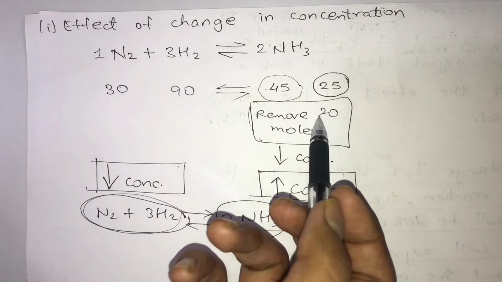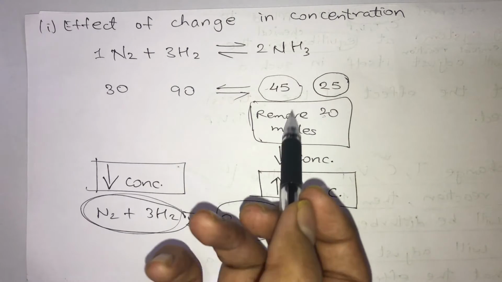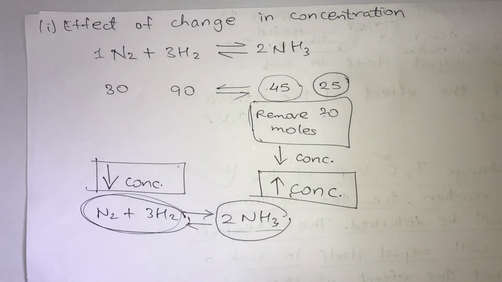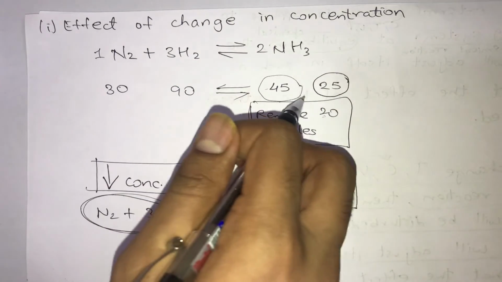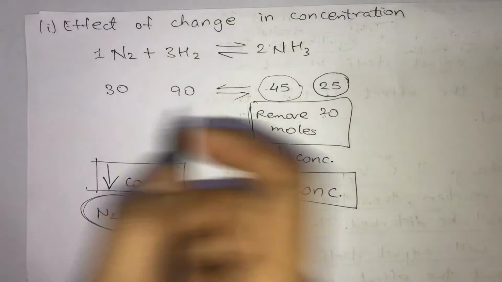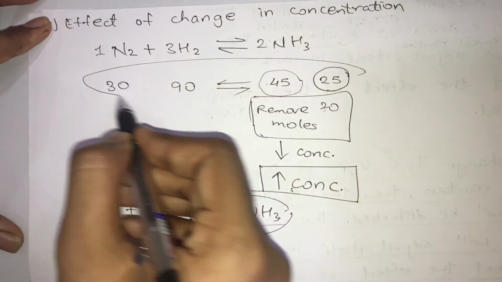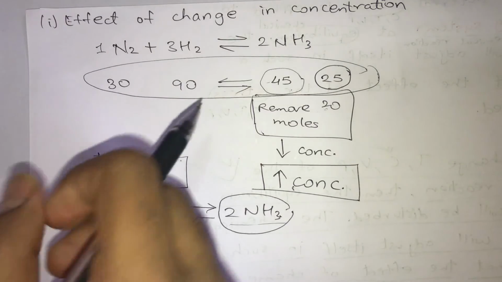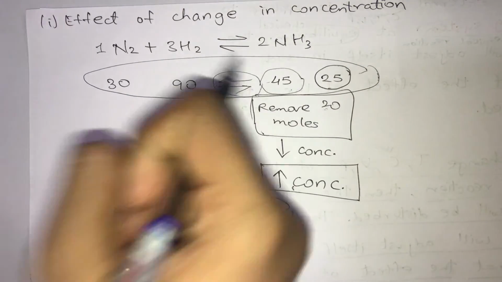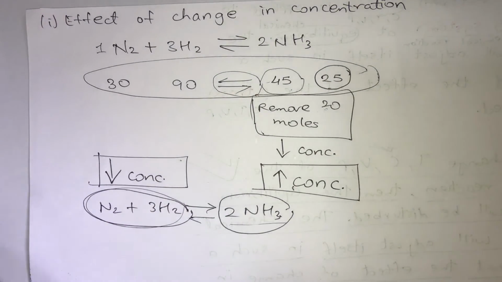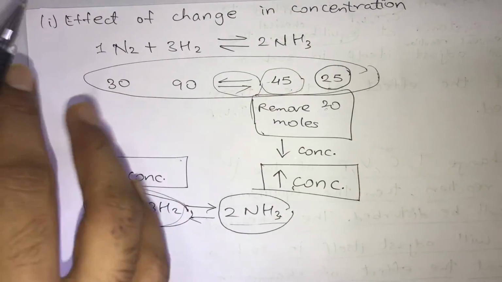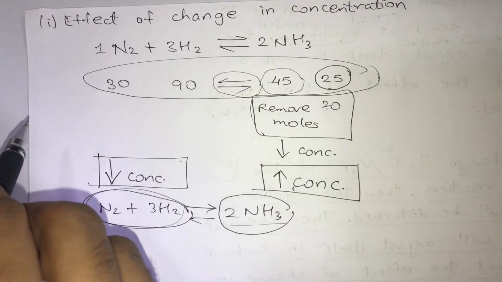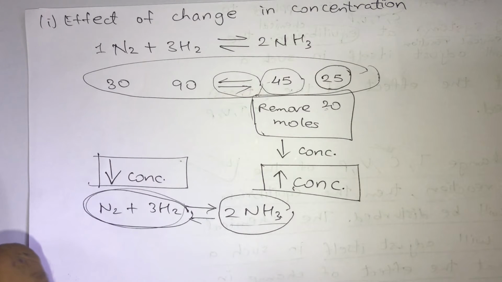And when you are removing 20 moles, can I say that you are changing the concentration from 45 to 25? When you change the concentration from 45 to 25, it is obvious that in this chemical equation the equilibrium state will be disturbed. Since the equilibrium state is disturbed, the chemical reaction will try to achieve a new chemical equilibrium state.